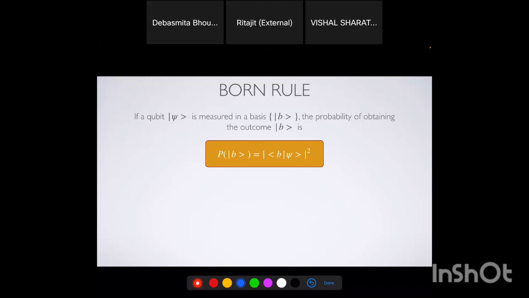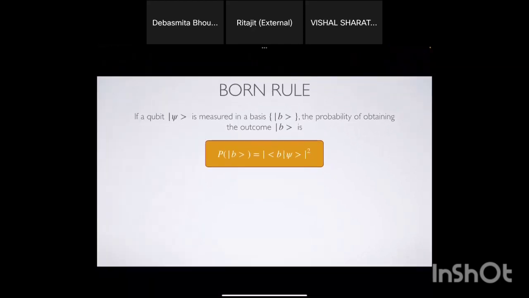So which eigenstate, 0 or 1? How do you know whether you will get the outcome 0 or 1? That is given by something called the Born rule. Suppose you have the state psi and you measure it in some basis b, then the probability of getting the outcome b is given by this. Don't get scared; we will do the exact calculation right now.